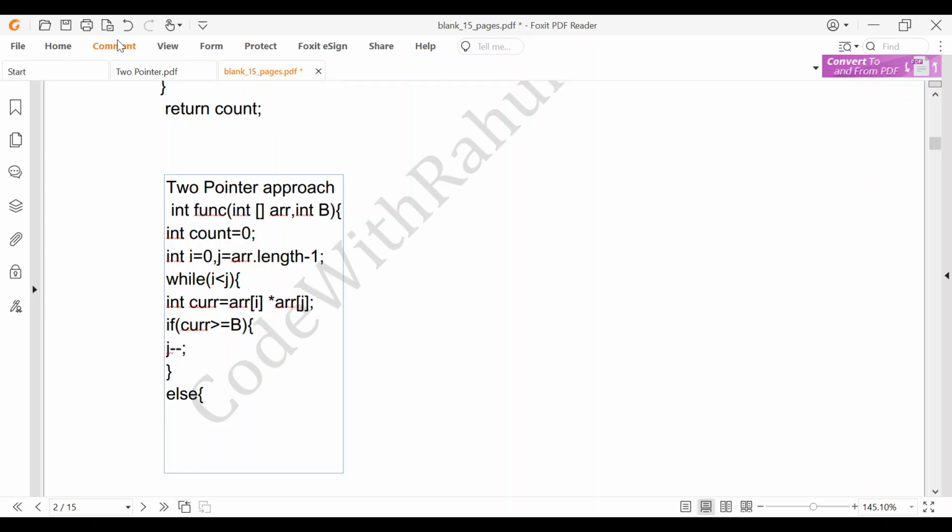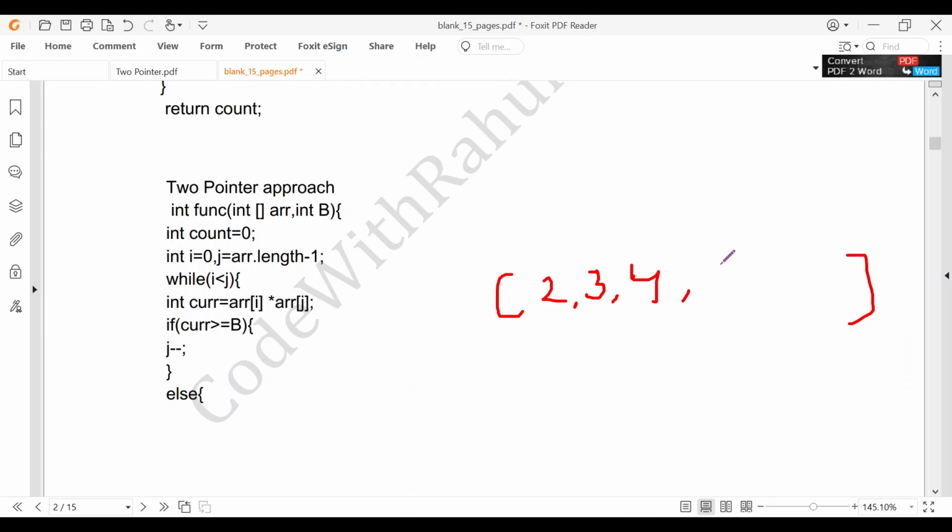For example, I'm explaining this so you can think about it more briefly in this question. Suppose this is an array: 2, 3, 3, 4, 4, and 5, and your b is 12.